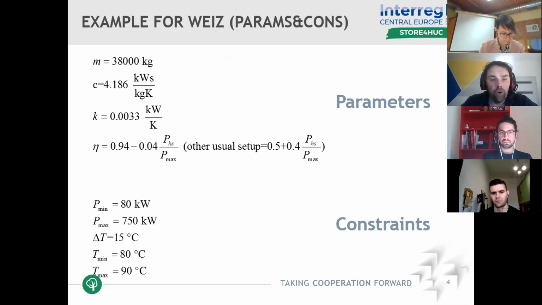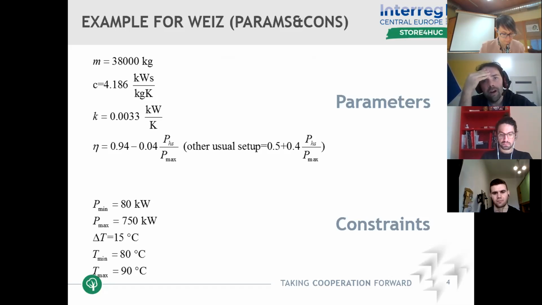Then the constraints for Whites, and here to explain this equivalent source. Actually in Whites there are two boilers. And you will see the setup in more detail. Philip will provide it later on. One boiler of some 250 kilowatt nominal power, and another of some 500 kilowatt. So overall, it's 750 summed up.